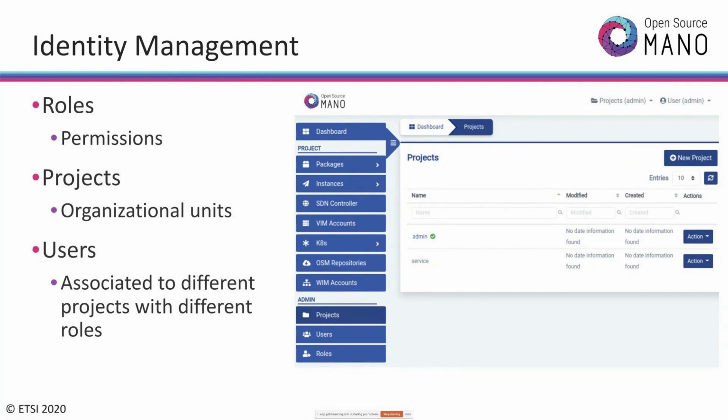And currently, OSM has two different backends. It has one internal that handles identity and assessment resources locally by the NBI, the northbound interface of OSM, and also has an external component that is Keystone that could handle identity management, and that also allows us more advanced use cases.